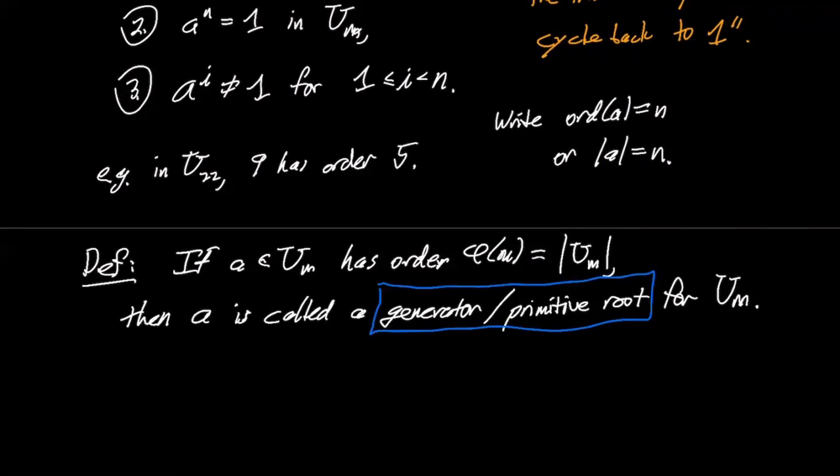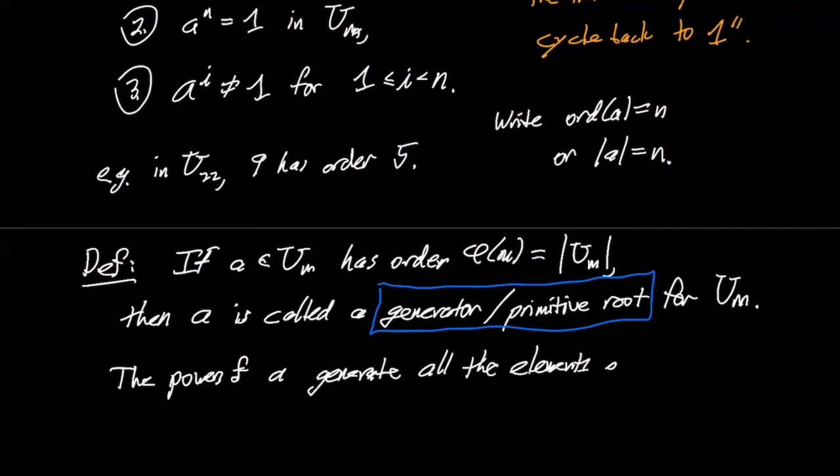The powers of A generate all the elements of U sub M. Another way you could say it is that it cycles through. The powers of A cycle through all the elements.